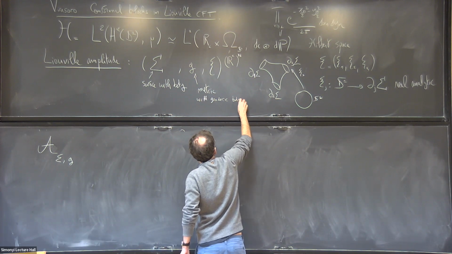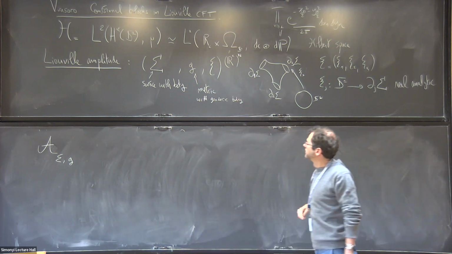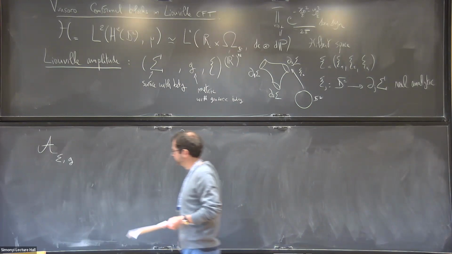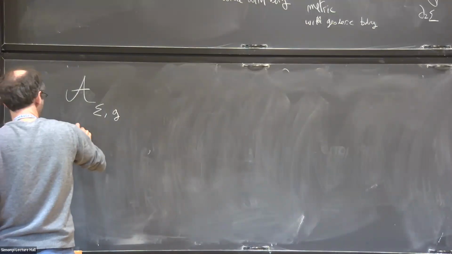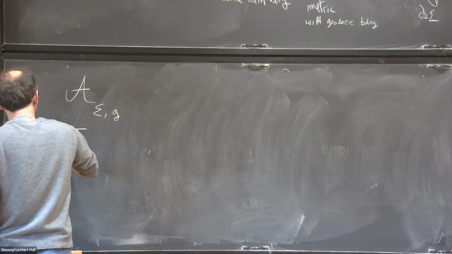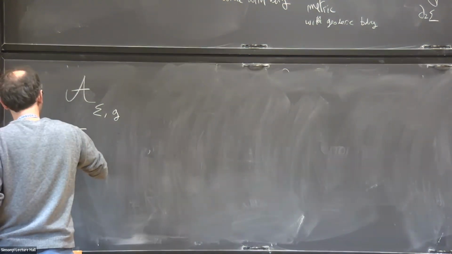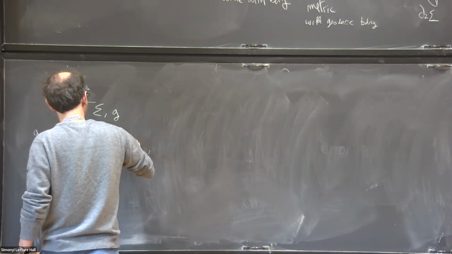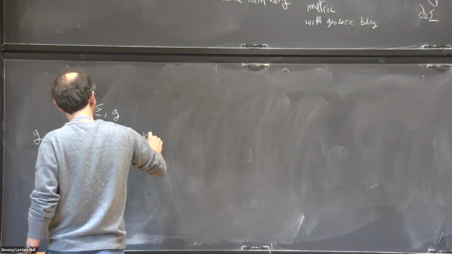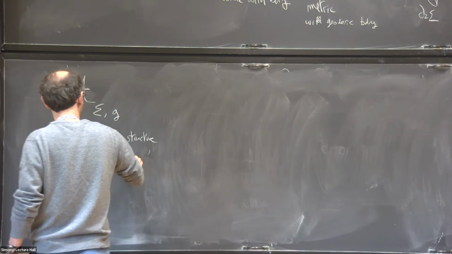So the geodesic curvature is 0, you choose the metric G like this. So when you have G, it induces J, which is a complex structure, on sigma.